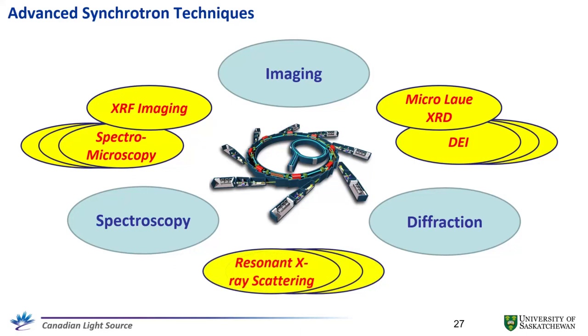For example, we have a few examples here. If you combine imaging with spectroscopy, you have a new technique. If you combine imaging with diffraction, you have some advanced technique, and spectroscopy with diffraction, of course.